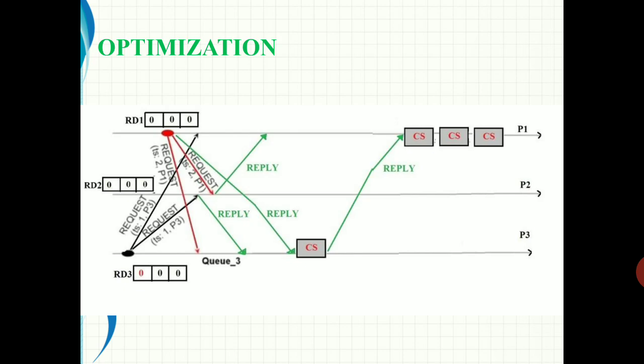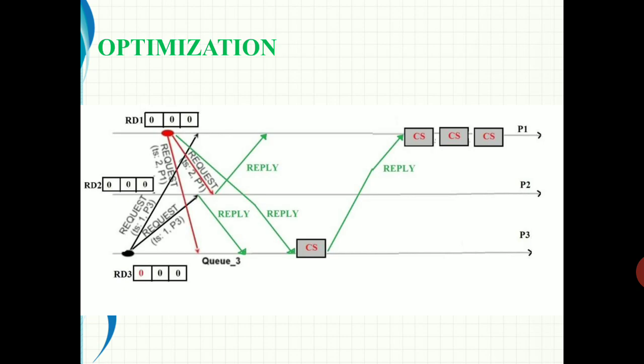The authorization implicit in this remains valid until P1 sends the reply message to the other processes, which happens only after the reception of a request message from that particular process, P2 or P3. So here the process P1 can enter any number of times without sending the request message.